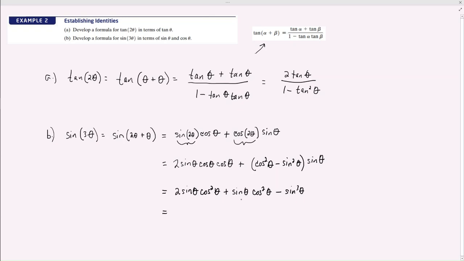Okay, so this can come together with this. These are like terms. So there's 3 of them total. 3 sine theta cosine squared theta minus sine cubed theta.